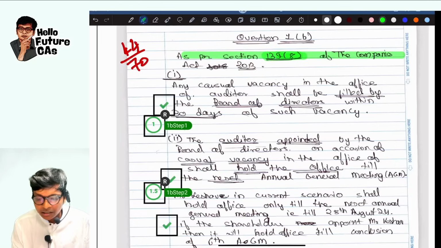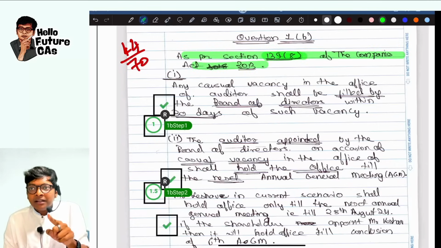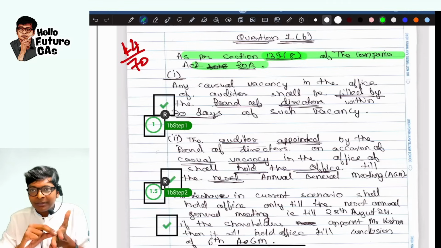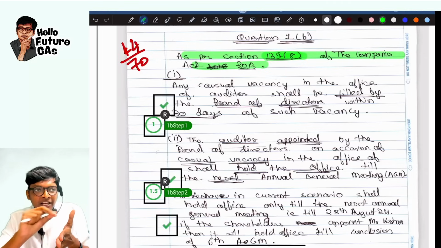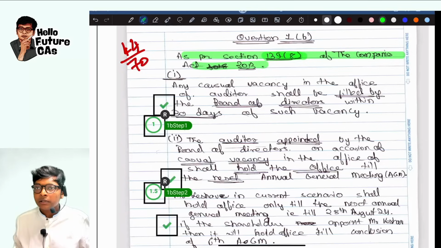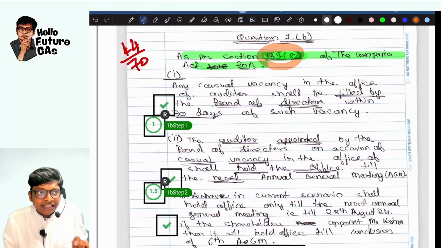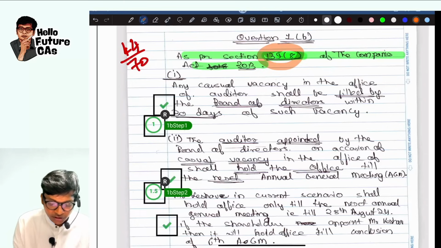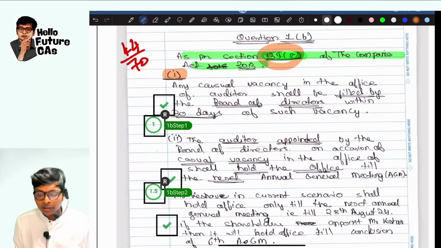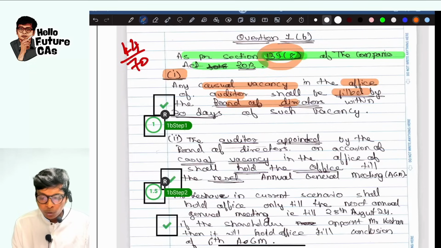Look at this. He is giving a heading. What heading will you give? As per the provisions of the Companies Act, discussing hyphen casual vacancy. He is not using the word casual vacancy, he is using section 139 subsection 8. Are you following, guys? Look at the first paragraph. Provision. He is writing point 1. The casual vacancy in the office of auditor shall be filled by the board of directors within 30 days of such vacancy.